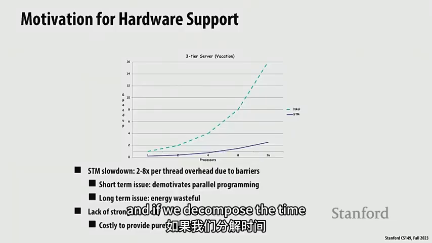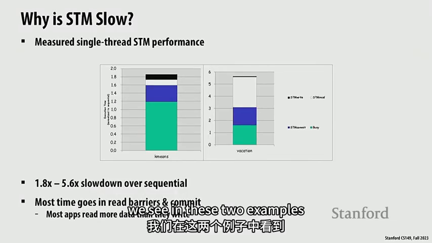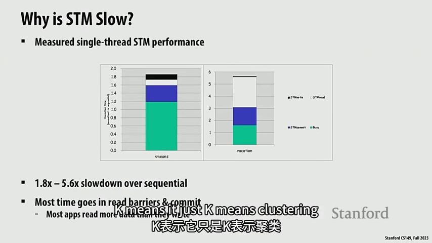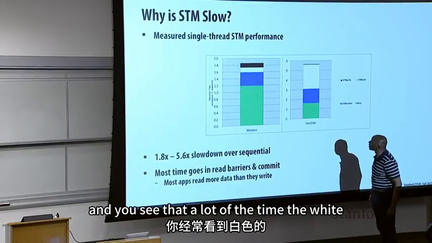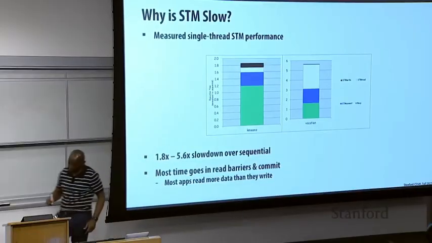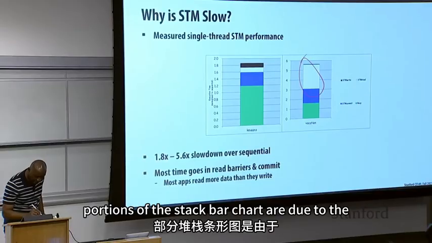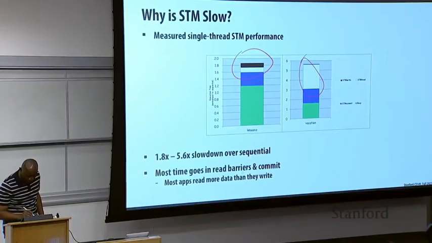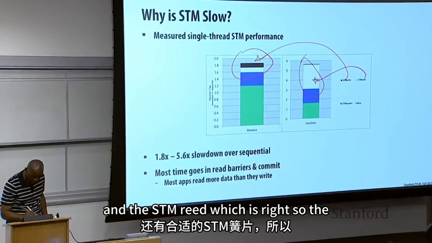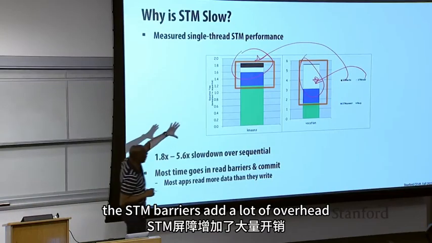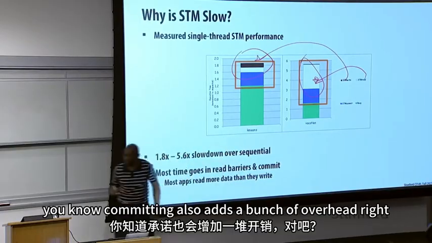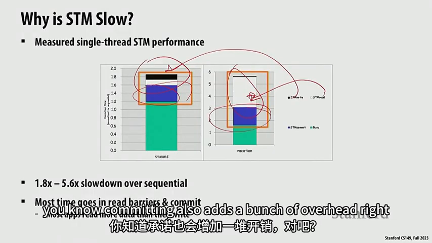And if we decompose the time, we see in these two examples, vacation is this 3-tier server example, k-means is just k-means clustering. And you see that a lot of the time, the white and the black portions of the stack bar chart are due to the STM write, which is black, and the STM read, which is white. So the STM barriers add a lot of overhead, and committing also adds a bunch of overhead, right?